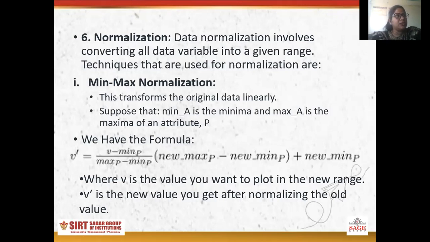The first method is min-max normalization. This transforms the original data linearly.